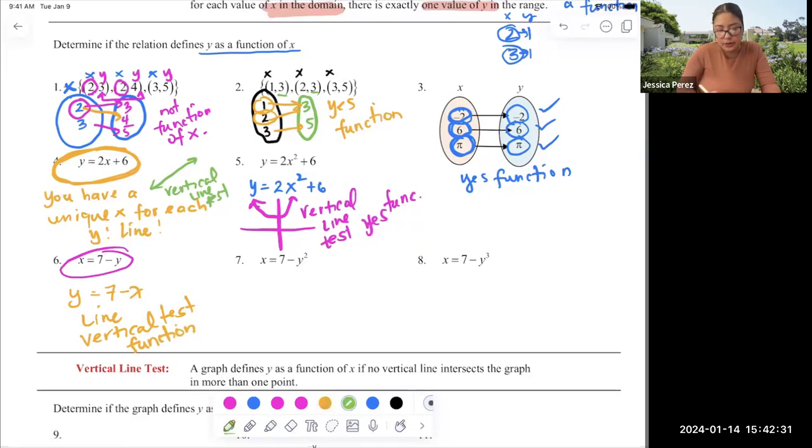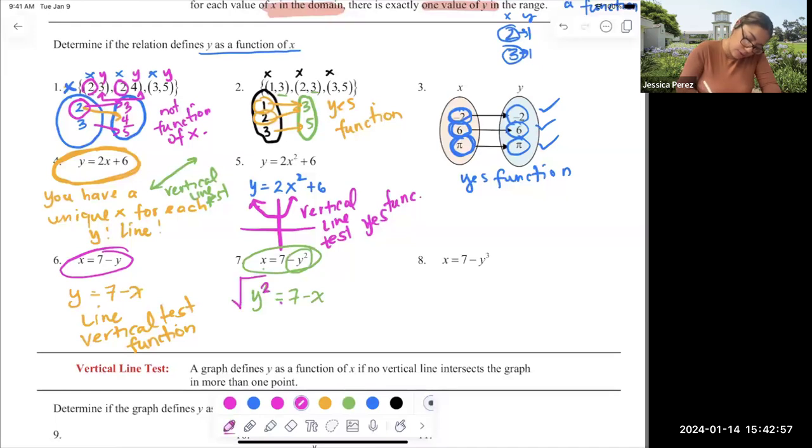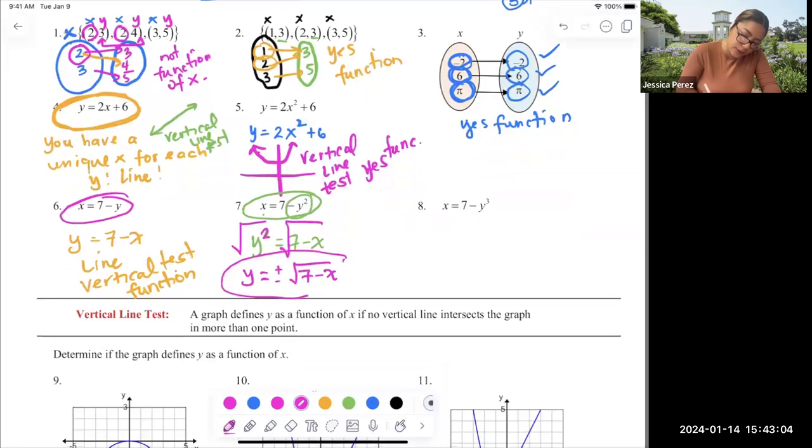Okay, similarly here, what about this one? What happens if we solve for y? If I bring the y over, we'll get y squared equals 7 minus x. And then notice that this is a square, so we take the square root of both sides. So this is y equals plus or minus the square root of 7 minus x. And what did we learn from here?